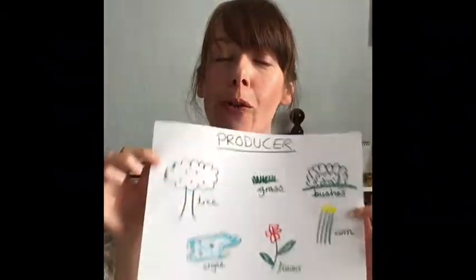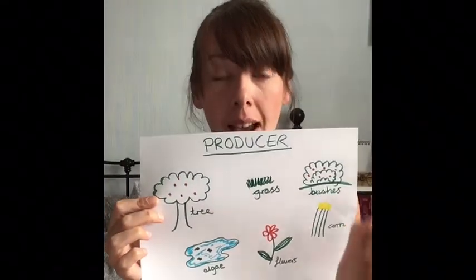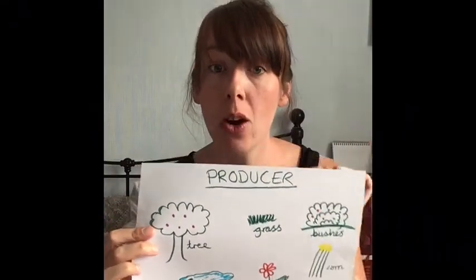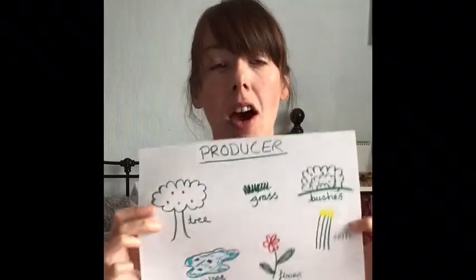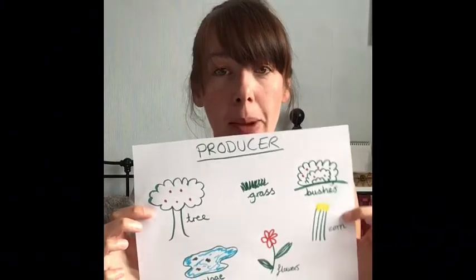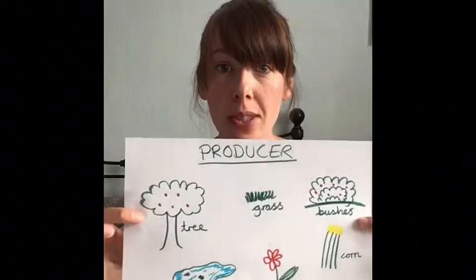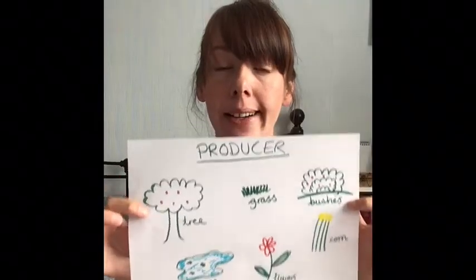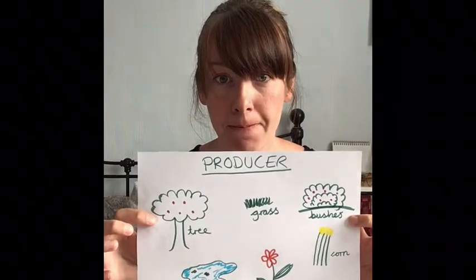So all food chains start with plants and they're called producers. Now they're called producers because they make their own food. So plants use the sun to create their own food. They are producers. So your food chain will start at the bottom with a plant.